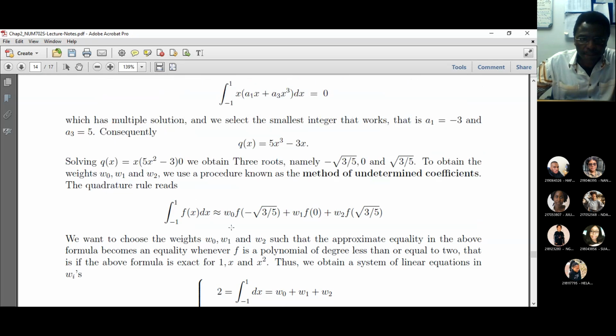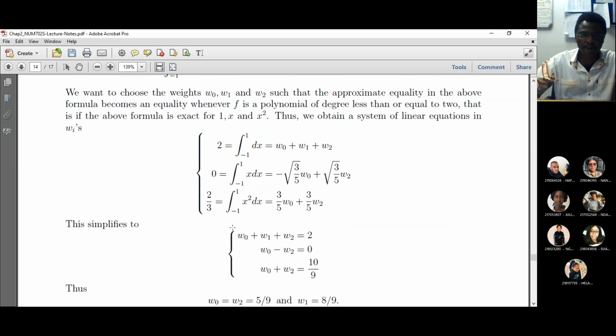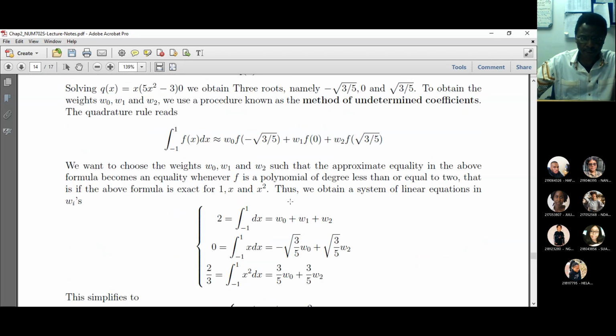So here, we use the fact that this rule that we have written will be exact for polynomials of degree less than or equal to 2. Of course, 2 is because we need 1, 2, 3.